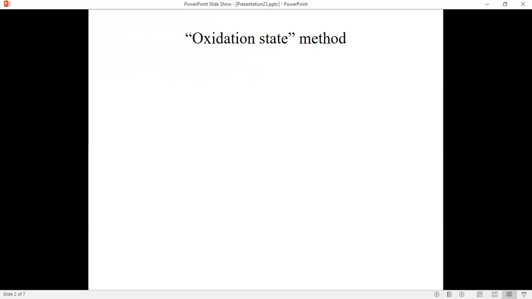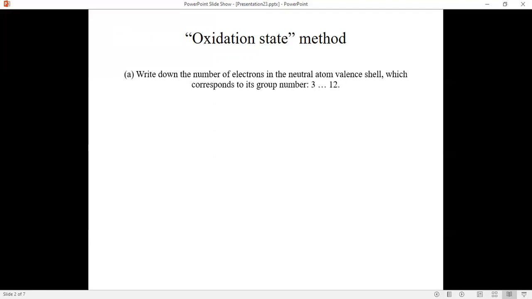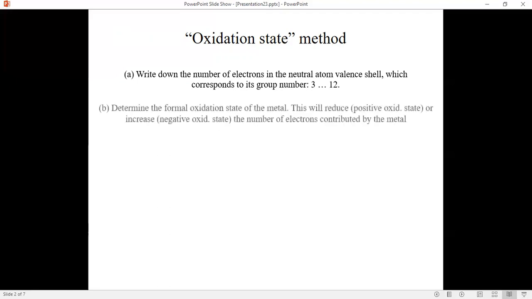All right, so which steps are involved here? Firstly, again, we write down the number of electrons in the neutral atom valence shell, and again, that corresponds to the group number. So the first step is the same as in the neutral atom method. Now the second step is different. In the second step, we determine the formal oxidation state of the metal.